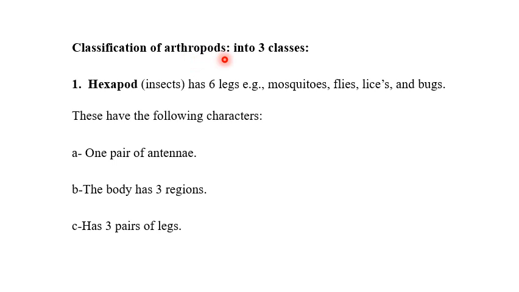Classification of arthropods. They are classified into three classes. Hexapoda, insects, have 6 legs, for example mosquitoes, flies, lice, and bugs. These have the following characters: one pair of antennae, the body has three regions, and 3 pairs of legs.